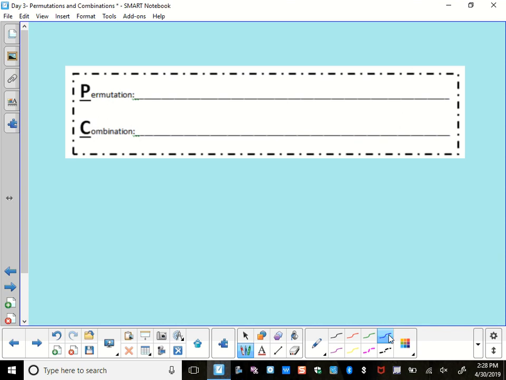Permutations means that order matters. Put this in like big letters. Order matters. We're basically placing people in roles, okay? I want you guys to write that word too. Placing.